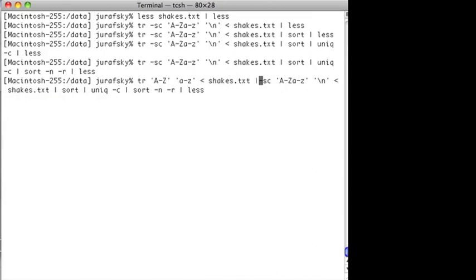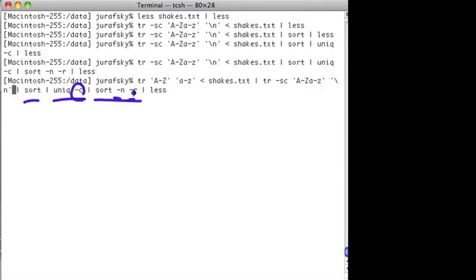And we're going to pipe that to another instance of the tr program, which replaces all of the non-alphabetics with new lines. And now we're going to do our sorting as we did before. We're going to use uniq to find all the individual types. uniq -c tells us the actual count. And then we're going to sort again, n means numerically, and r means start from the highest one. And then we'll look at those.